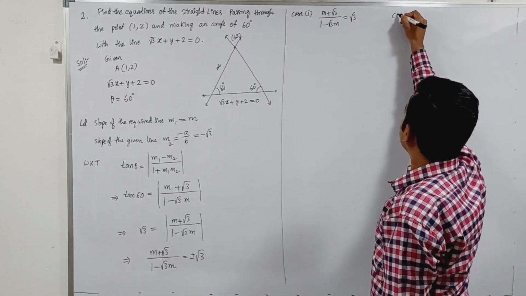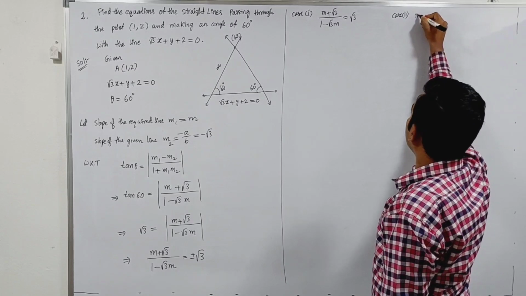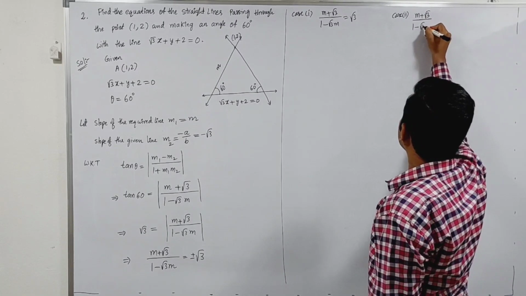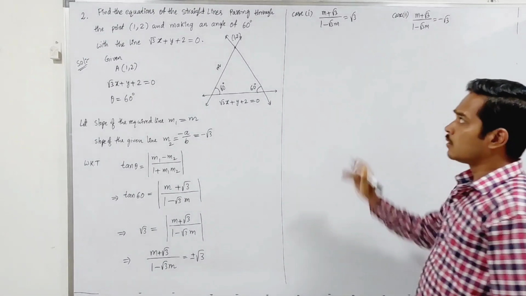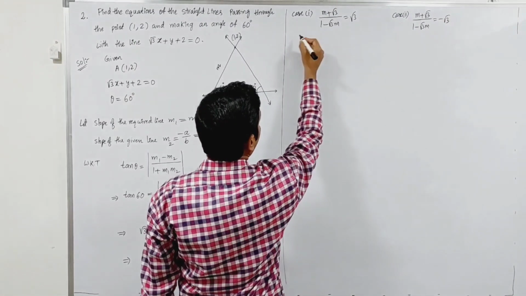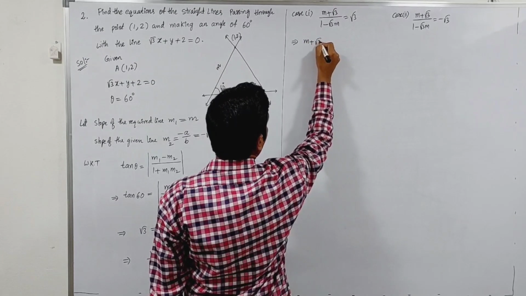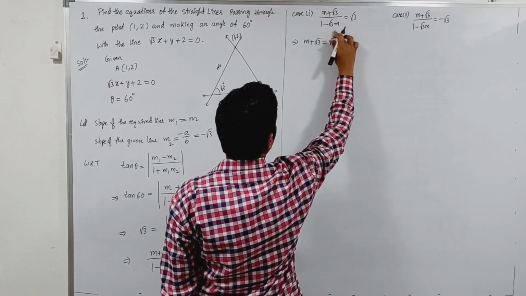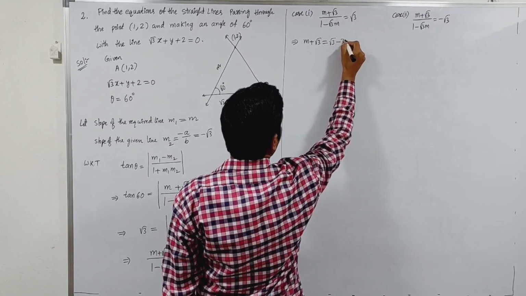In case 2, take the minus part, that is (m plus root 3) by (1 minus root 3 m) is equal to minus root 3. Positive case and negative case. Now apply this to the first equation: m plus root 3 is equal to 1 into root 3, that is root 3, minus root 3 into root 3 m, so minus 3m.